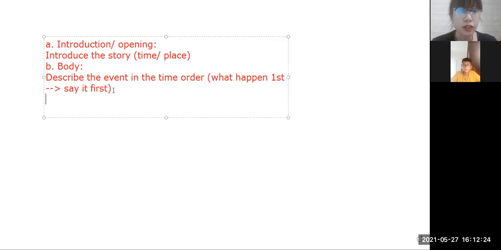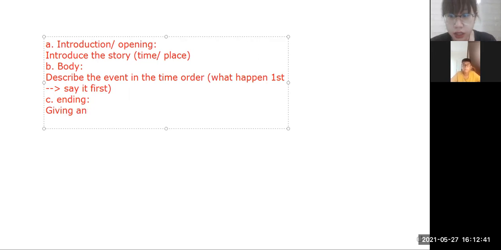Okay, and how about the ending? The ending is giving an end to the story. Okay, it's quite noisy here. So, can you say again? Giving an end to the story. Yeah, giving an end to the story. Good.